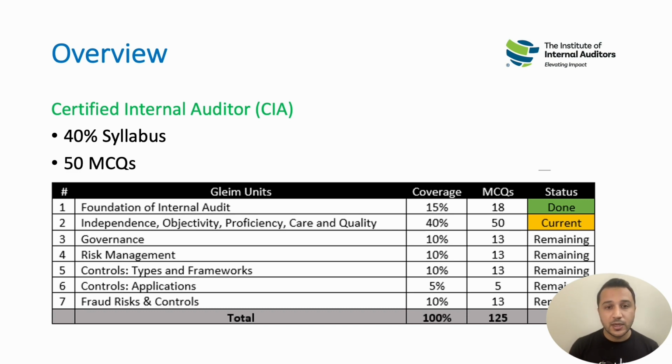So this is Unit 2 as per the GLIM syllabus. And overall, by the end of this presentation, we would have covered around 55% of the entire syllabus. So let's move on to the next slide.